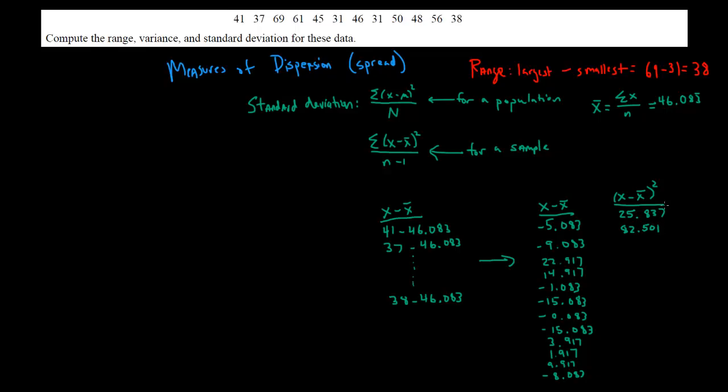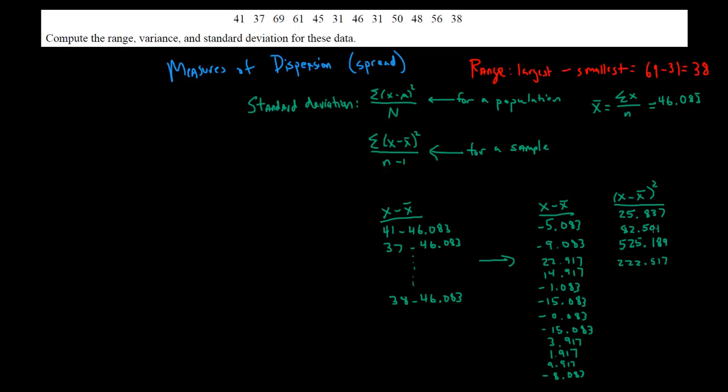Then 22.917 squared. That is 525.189. Okay, then we have 14.917 squared. That is 222.517.